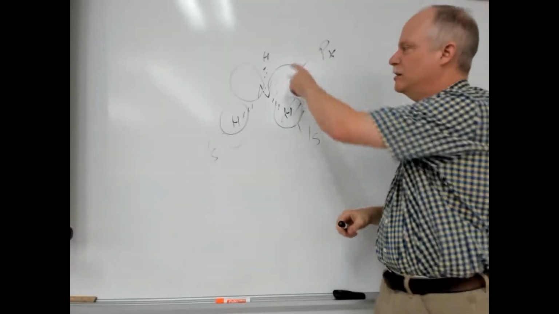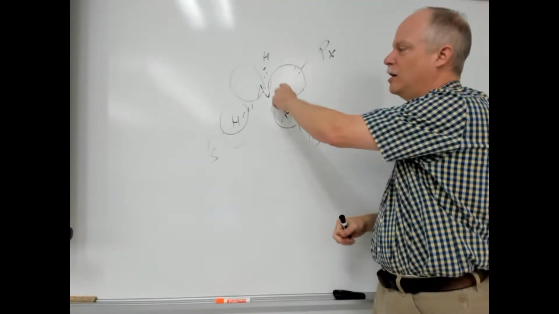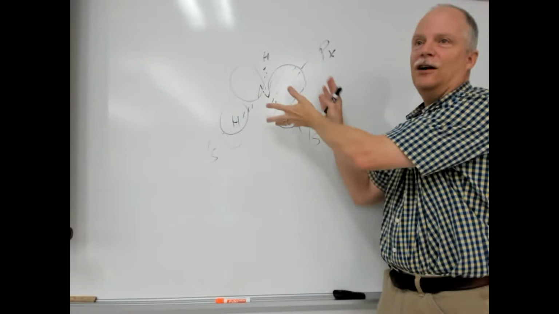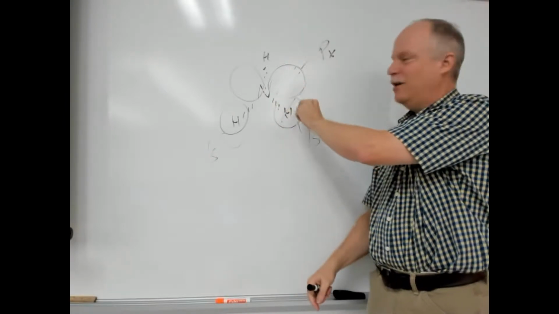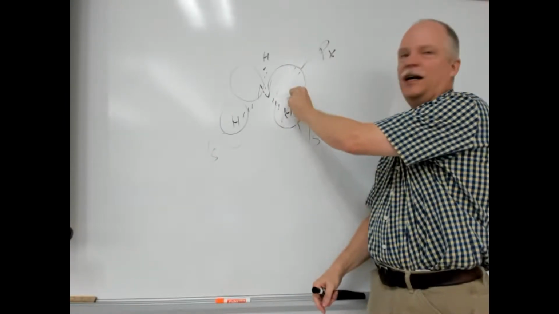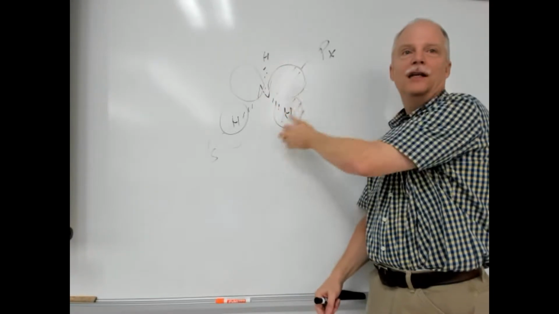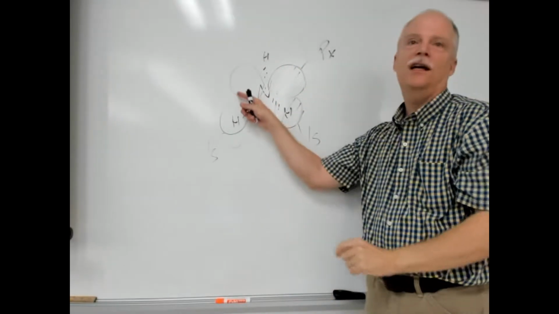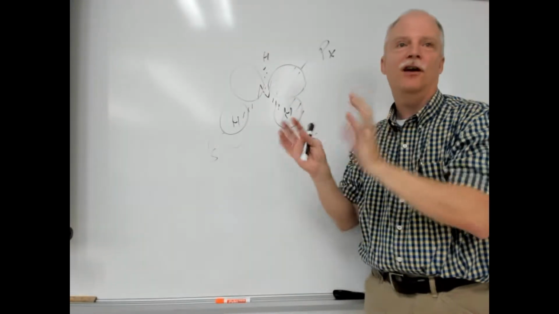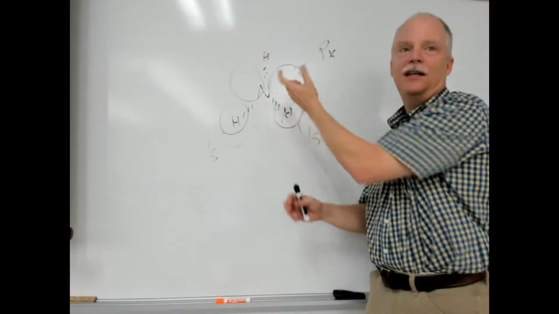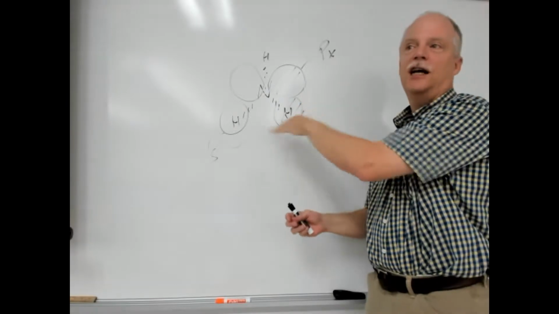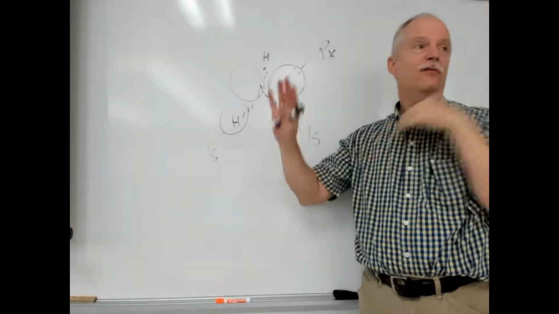Now our picture doesn't look as lumpy as this because I'm just drawing a p orbital and an s orbital, but the electron cloud is kind of like water, right? If you get these two water drops together and they're in phase, they're going to kind of suck into each other and make one big blob on this side. And these are going to suck into each other and make a blob on that side if they're compatible. And if they're the same shading, they're compatible. If they're different shading, there'll be a node there and they'll avoid each other.